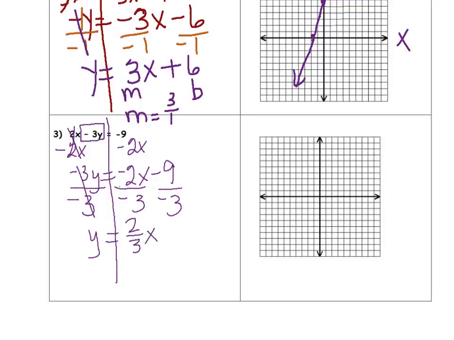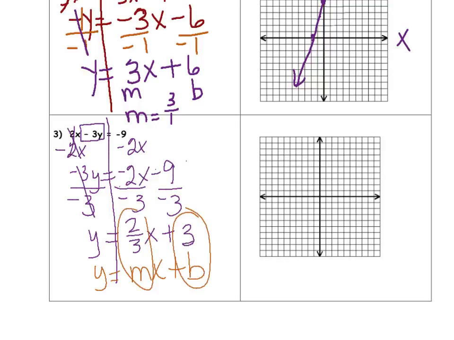It won't reduce, but we did remove our negatives. And negative 9 divided by negative 3 is going to be positive 3. So because we now have this in y equals mx plus b form, we can see that our m and our b are right there, and now we can graph.